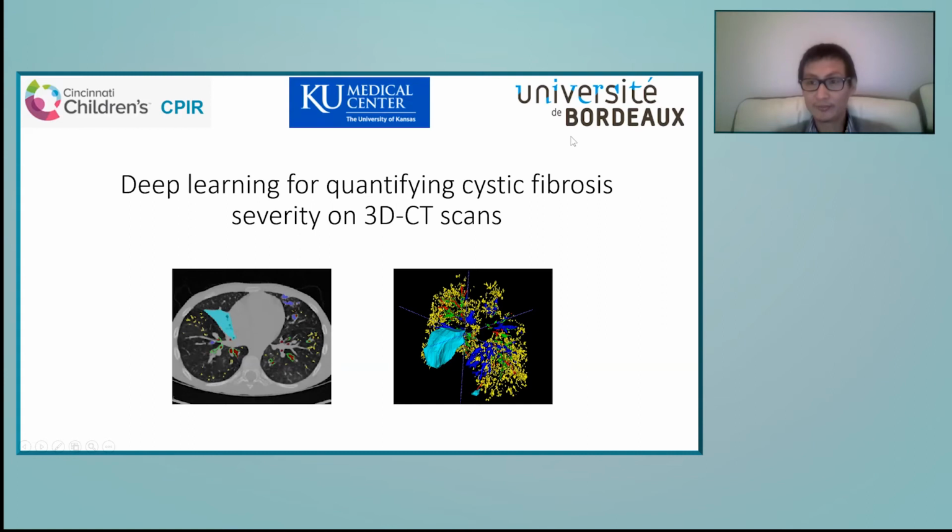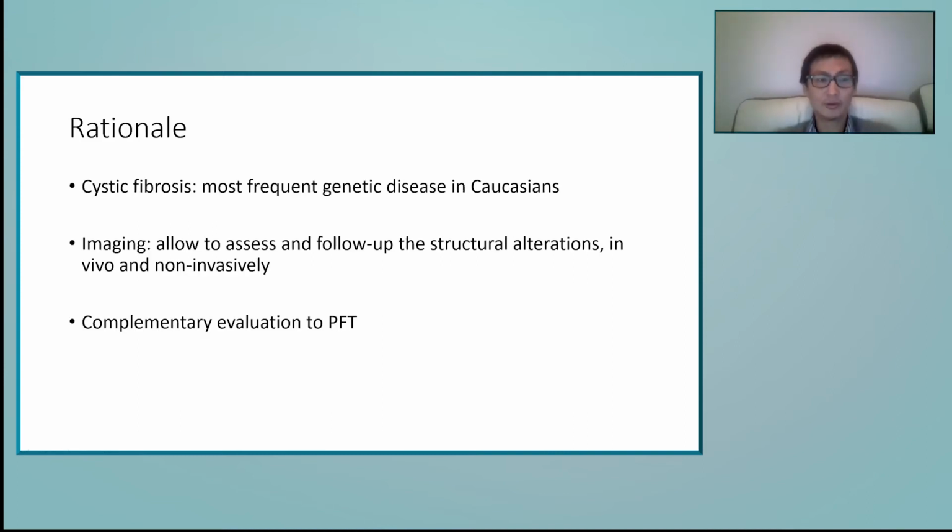The aim of the study was to use deep learning for quantifying the structural alterations seen in CT of cystic fibrosis fully automatically. So a little bit of rationale. Cystic fibrosis, as you may know, is the most frequent genetic disease in Caucasians, and imaging is useful to follow up and assess the severity of the disease. This is a complementary evaluation of standard pulmonary function tests.